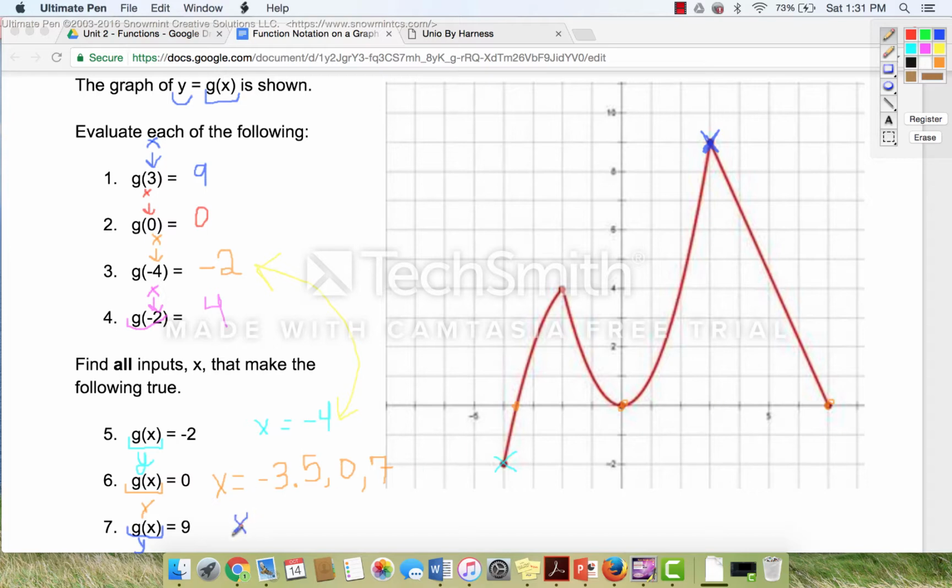So if y equals 9, I know that x has to equal 3. This again corresponds up here to this guy. They're saying the same thing, but the question is being asked in two different ways. But they're still talking about the same point, which is just 3, 9.